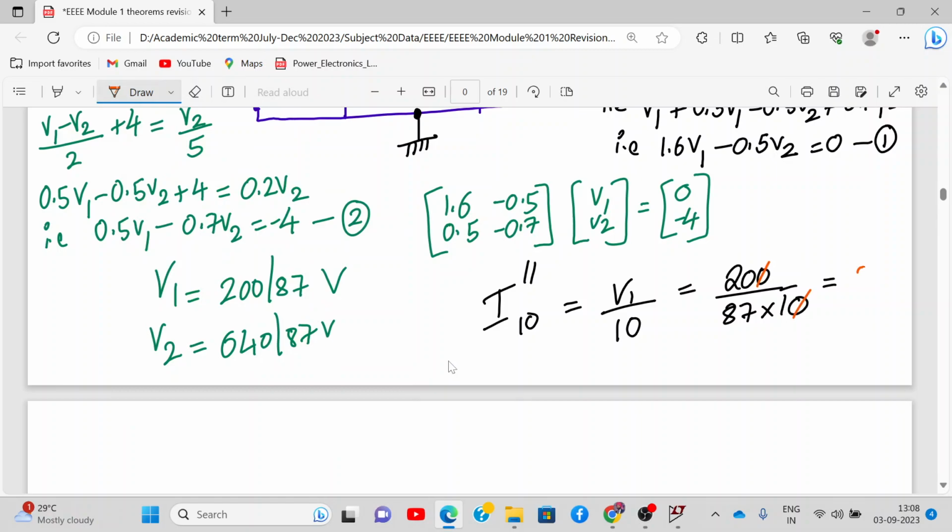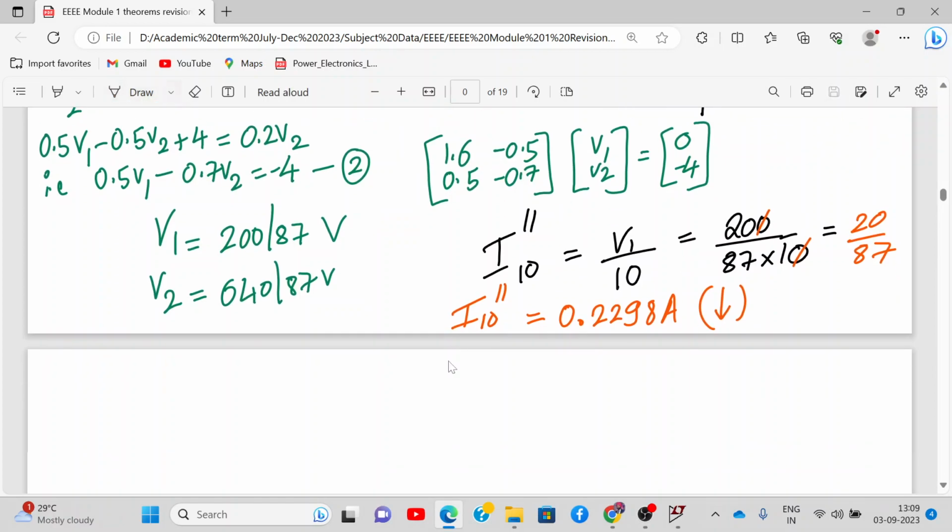It's 20 by 87. Tell me what is I10 double dash. 0 point something will come. 0.229, after that 8 8, yes. Ampere. That's it, and that part is also done. Now what do we say?